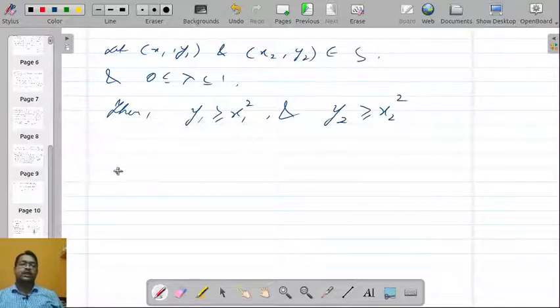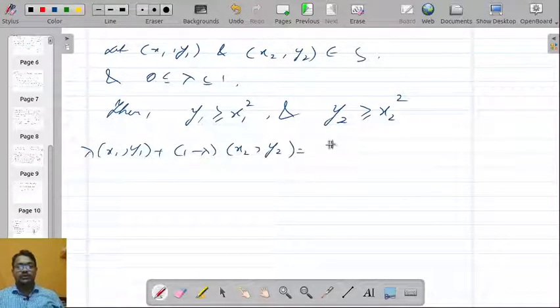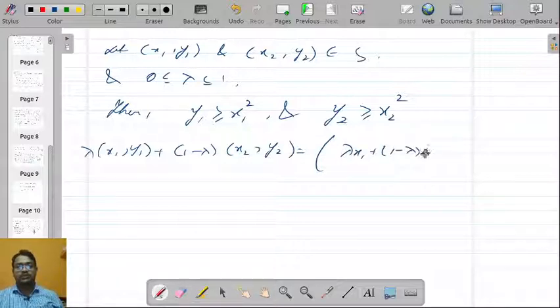So what about this λ(x1, y1) + (1 − λ)(x2, y2)? If we just write the coordinates, it's (λx1 + (1 − λ)x2, λy1 + (1 − λ)y2). Okay, so let us check whether this is convex or not.